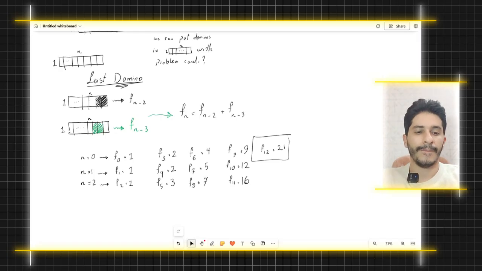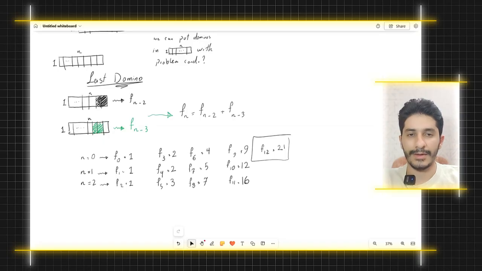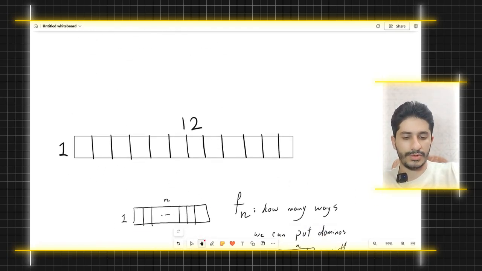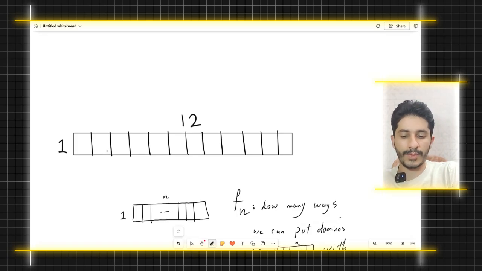It means that in 21 ways you can put dominoes in a 1 by n tape, such that they are non-overlapping, and you cannot put any other dominoes. Let me actually draw some of them. One way is, of course, to put all dominoes like this, to put 6 dominoes.